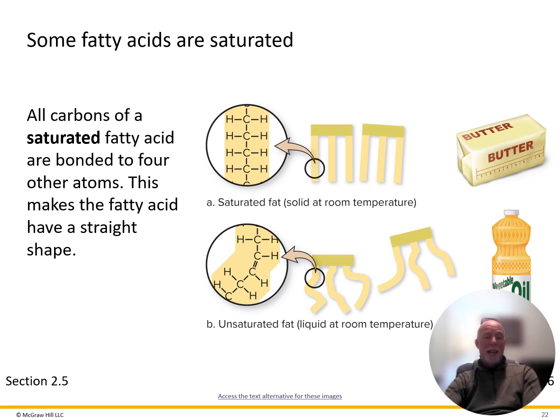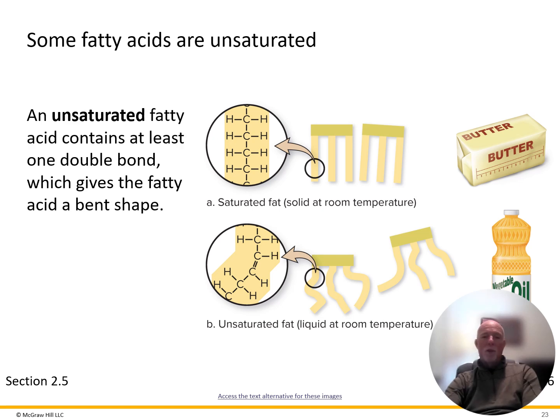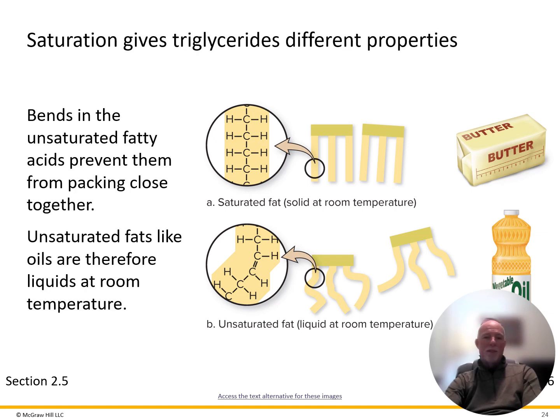Saturated fats are animal fats, tend to be solid at room temperature, and unsaturated fats are vegetable fats, tend to be liquid at room temperature. And which ones are definitely more healthy versus those that are not. And there's some information here about both types.